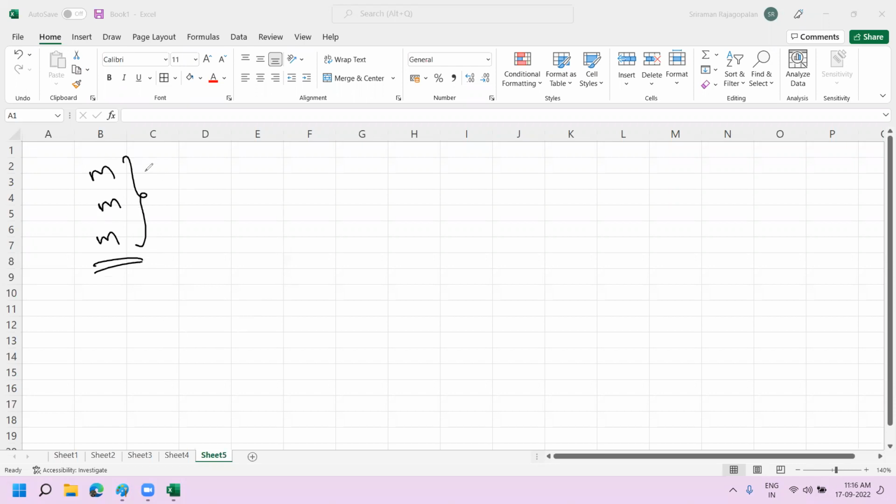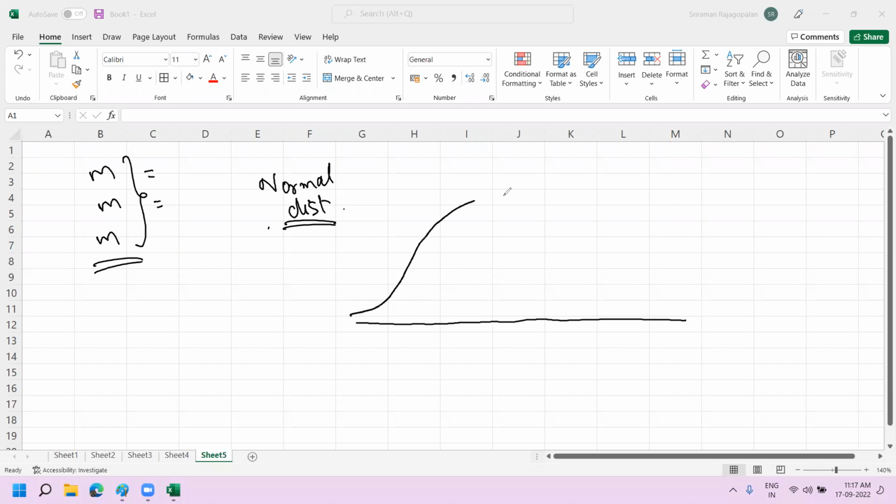What if all these values are equal? Standard deviation. This would be normal distribution. Very good. When all these are equal, I get something called a normal distribution. So if I have to find out how these values are distributed, this is a normal distribution.